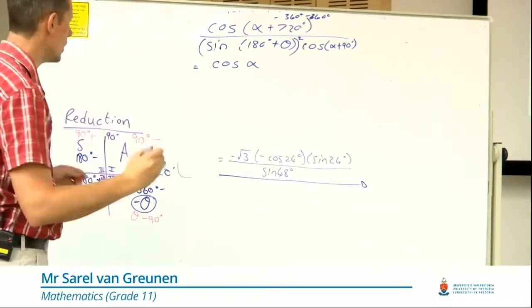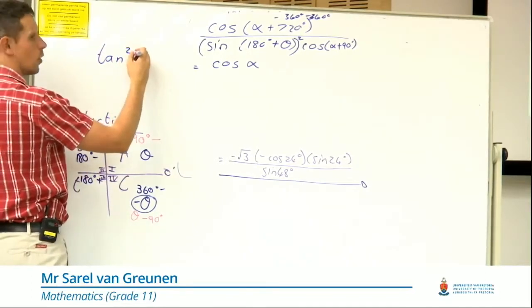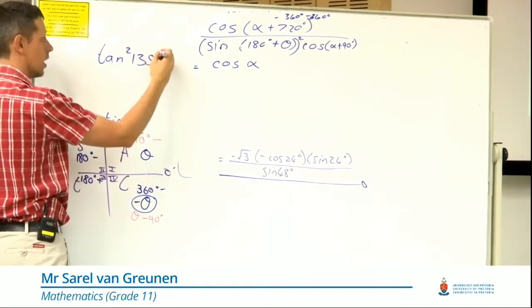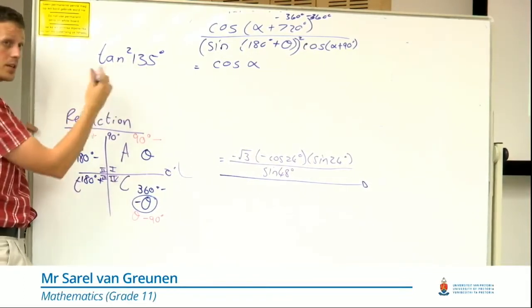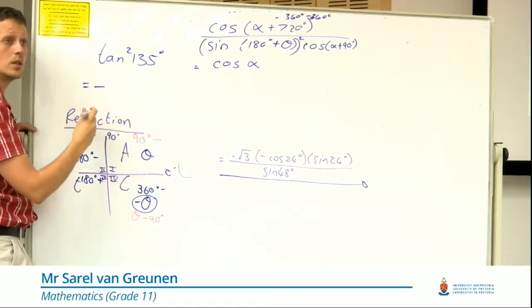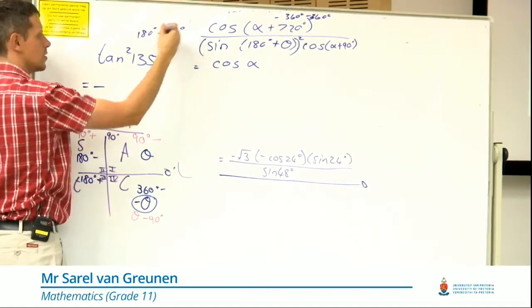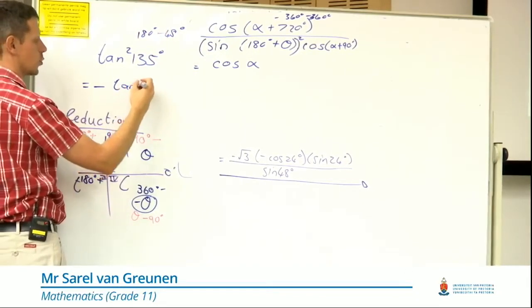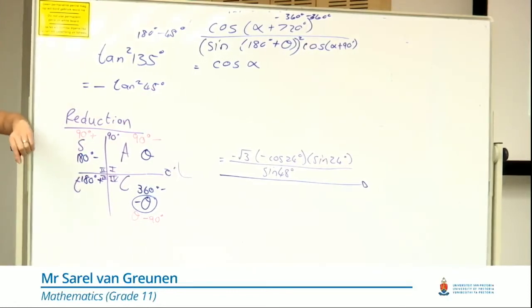The reason I want you to do this is if you, for instance, get tan squared 135, a lot of my students say, okay, but tan in the second quadrant is negative, and it's 180 minus 45, so it's negative tan squared 45. And then I mark it wrong. Why is it wrong?